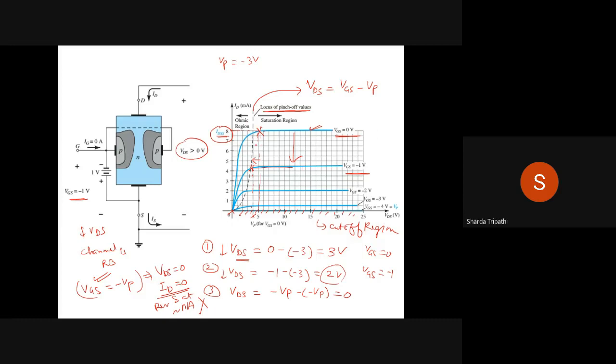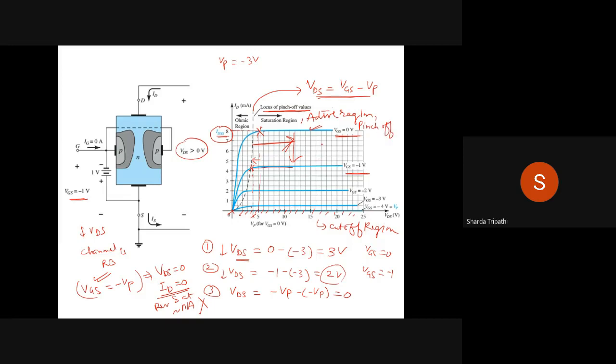Similarly, if you see the region towards the right hand side of this dotted curve, which was the locus given by the equation VDS is equal to VGS minus VP, if you move towards the right of this curve, then this is known as the active region or the saturation region. Sometimes it is also called the pinch off region of the transistor.